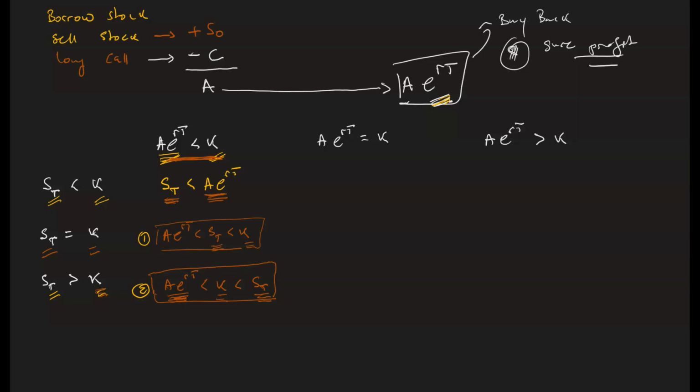How about the third one up here? When this is equal to the strike price, what do we have? Well, in that event, we could exercise the option, because if we exercise the option, we would be using this money that we have generated here to buy back the stock and return it.